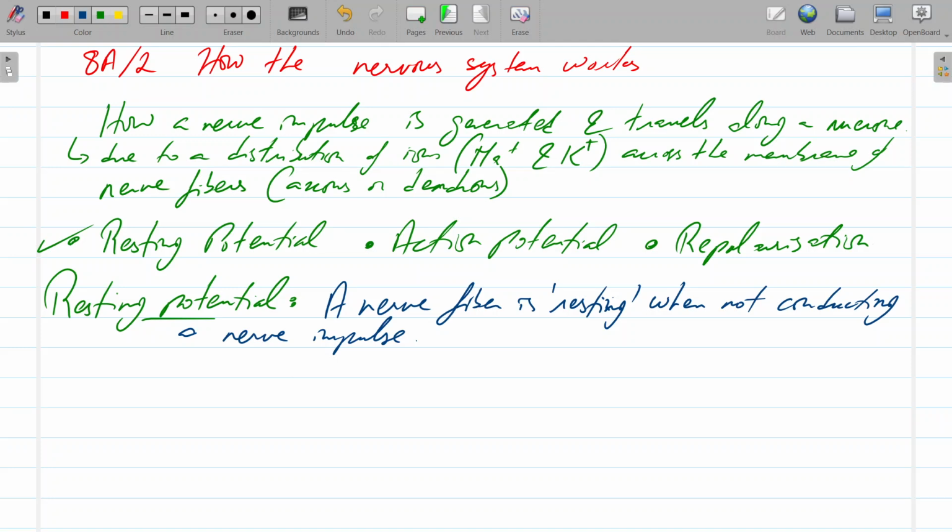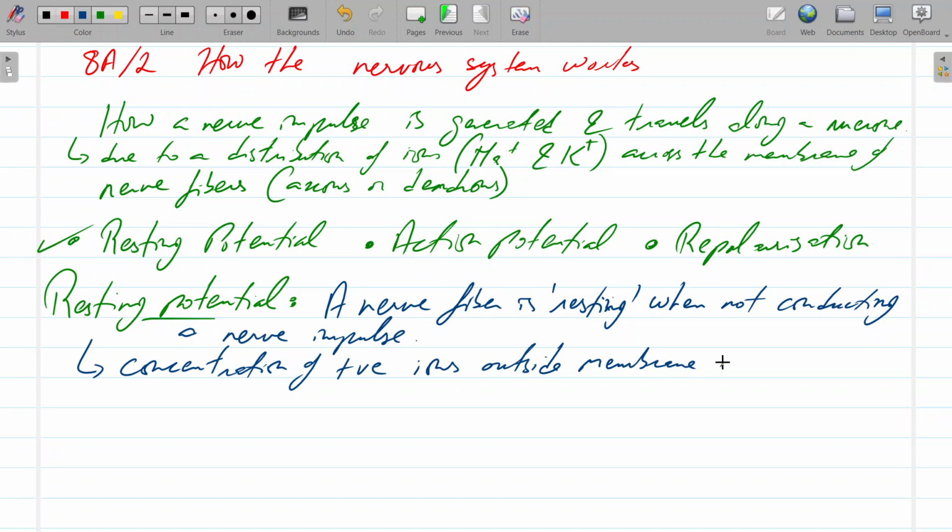And so what happens is that the concentration of positive ions outside the membrane is greater than in the cytoplasm of the fiber or the axon, inside the cytoplasm.